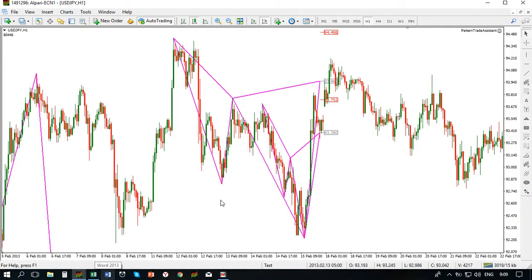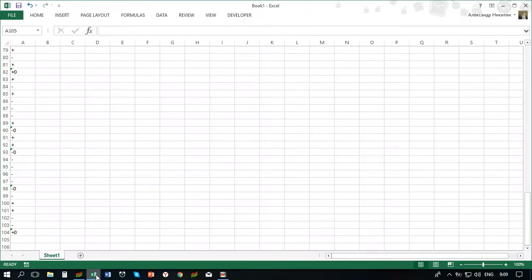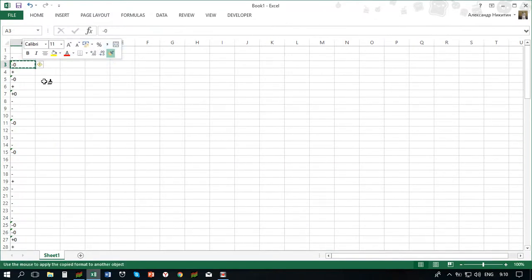Let us do the calculations. First of all, before we do the calculations, we have to calculate our average win versus our average loss. For example, we use the 61.8 target only.